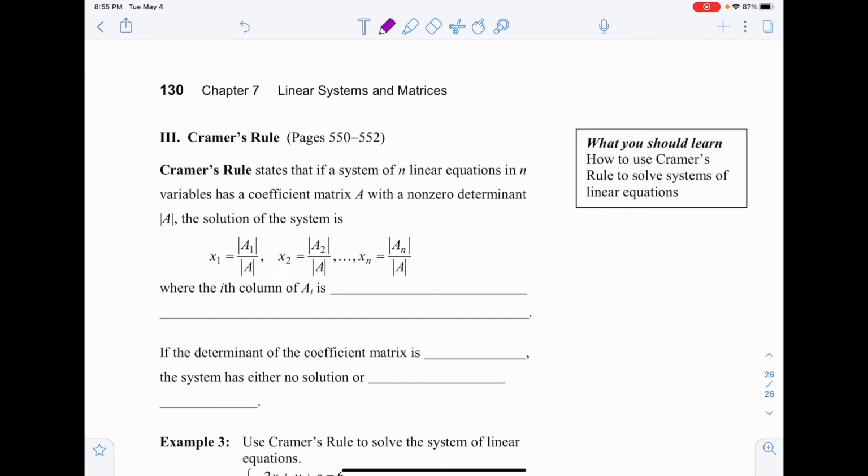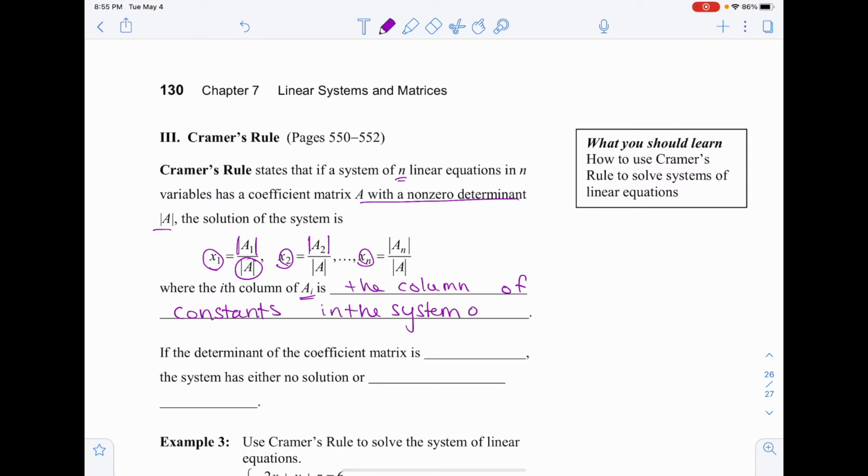Cramer's rule states that if a system of n linear equations has n variables in a coefficient matrix with a non-zero determinant A, the solution of the system is, so this is for each of the variables, each of these variables equals the determinant of an adjusted matrix over the determinant of coefficient matrix A. And I'll tell you what that means, but for now, let's fill in where the ith column of A sub i is the column of constants in the system of equations.